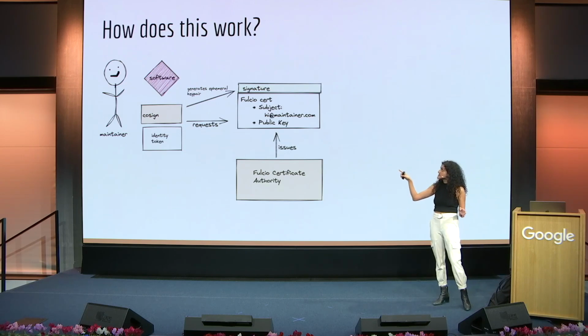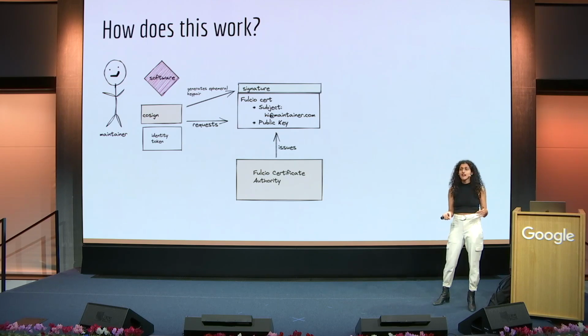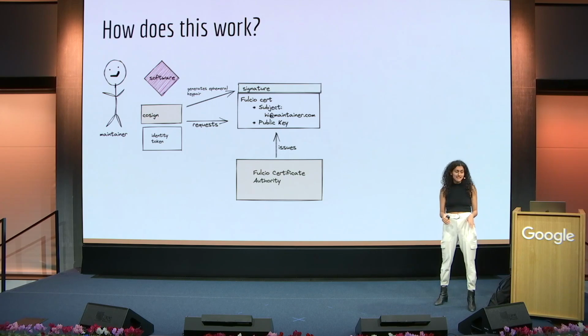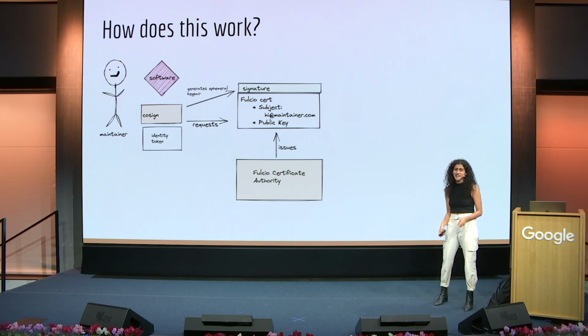Cosign will sign the piece of software with the private key and embed the public key in the certificate. In addition, the certificate will actually contain the email address that you signed with. So this is how we bind your actual identity with your signature. The idea is it's easy to lose a private key, but it's hard to forget your email address password.